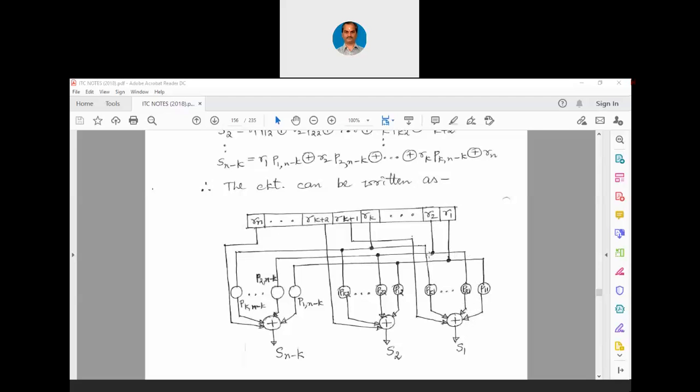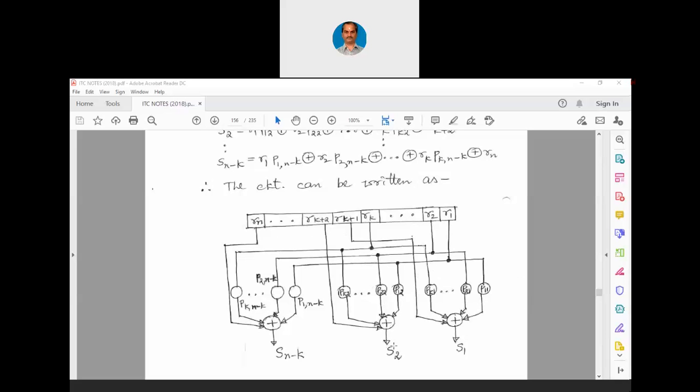It goes on that way, XORed with Rk into Pk1, and then R(k+1) comes here. R(k+1) corresponds to that 1 in the identity matrix row.